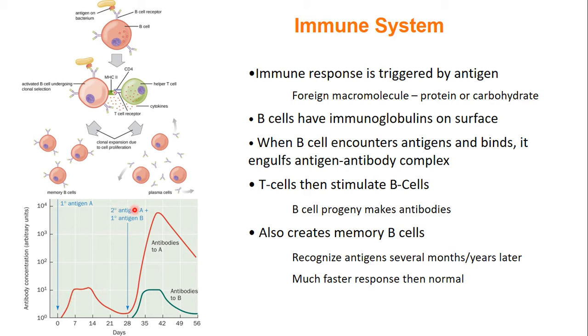So if we're infected by antigen A again and a new antigen we're going to call B, you can see that after a week the amount of antibodies to A is roughly 10,000 times greater than the antibodies we have to B. So since we have these memory cells around, our response time to that antigen is much faster and much more complete than to a brand new antigen.